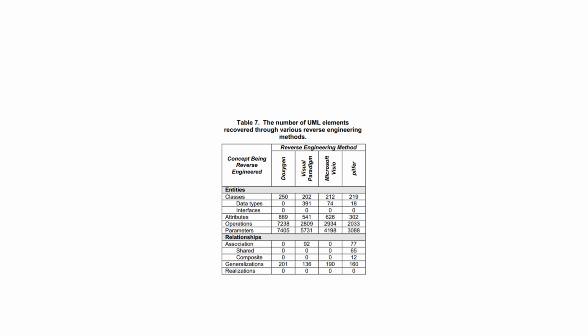Reverse engineering methods are of two types: one entities, another relationships. Entities are classes and data types, interfaces, attributes, operations, and parameters. Relationships are associations, generalization and realization relations.